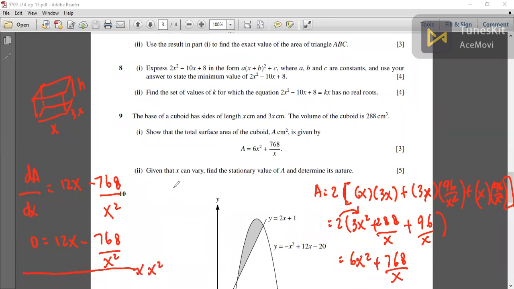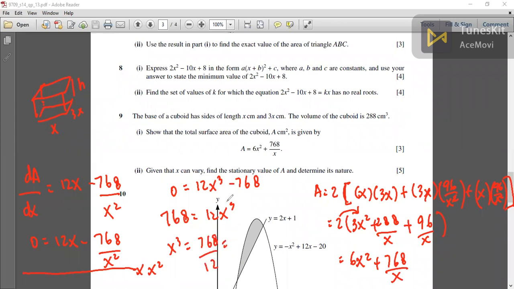So we have 0 equals 12x cubed minus 768. So we move the 768 to the left, equals 12x cubed, so x cubed equals 768 over 12.